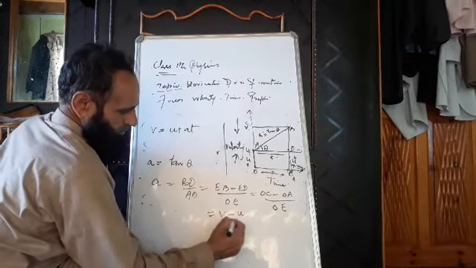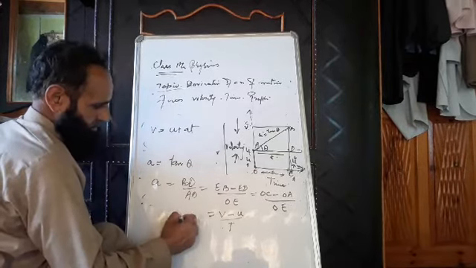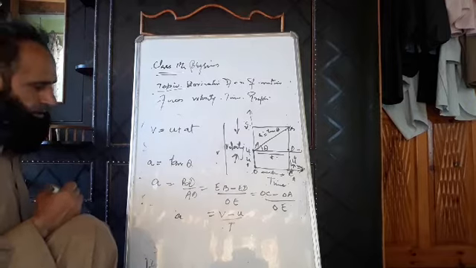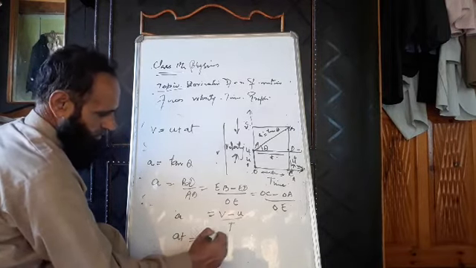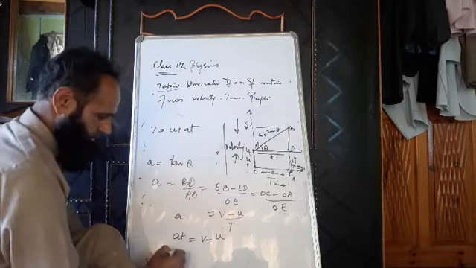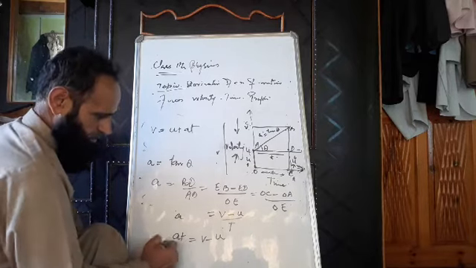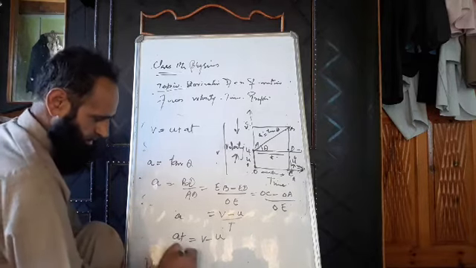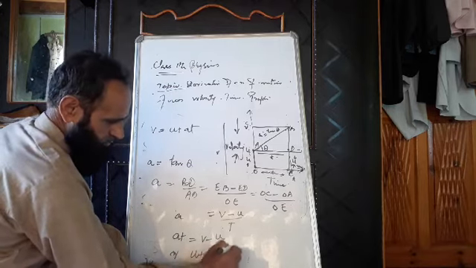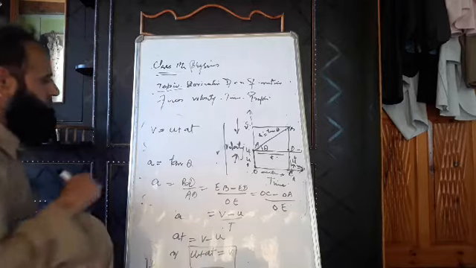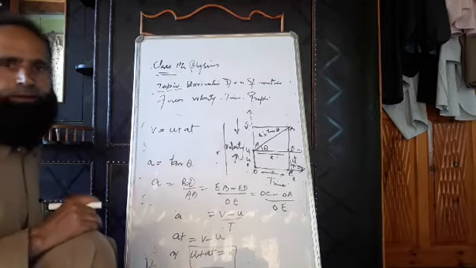OE is equal to t. So we can say a is equal to v minus u by t, or at is equal to v minus u. Or we can take u to the left-hand side: u plus at is equal to v. It is our first equation of motion: v is equal to u plus at.